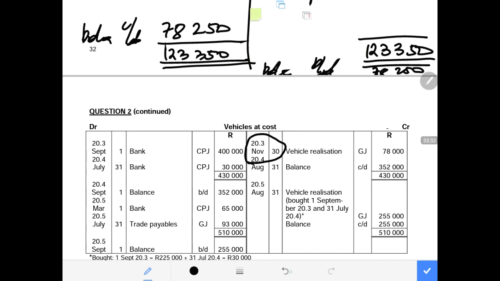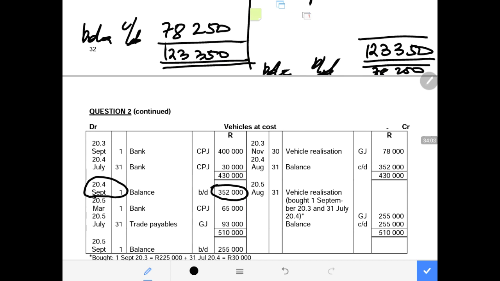Now we are looking at the date which is the 1st of September 2004. On the 1st of September 2004, which is our opening balance, we have an opening balance of 352,000 rands. Now this is 352,000 rands opening balance of our motor vehicles.